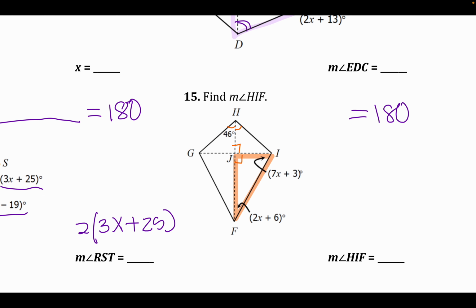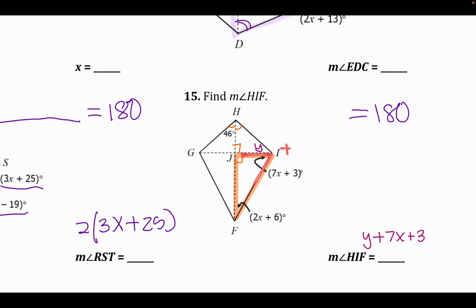So you're going to have to find this measure. We could call this angle Y. We know HIF is going to be Y plus that 7x plus 3. So this angle plus this angle. And this 46 is going to come into play to help you find that Y.